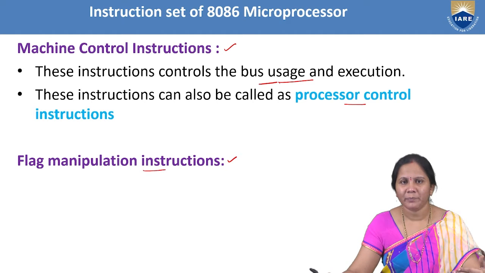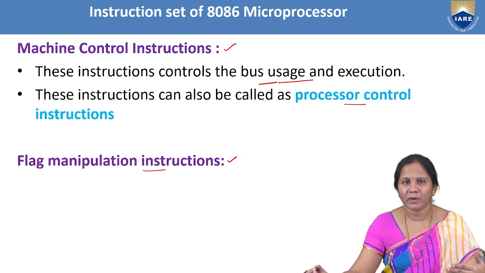The interrupt flag comes under the control flags. The 16-bit flag register format is divided into conditional flags and control flags. Among the 16 bits, only 9 flags are used. Of those 9 flags, 6 are conditional flags and 3 are control flags.